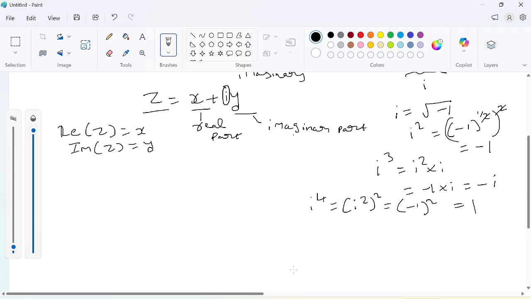If you have z equal to x plus iy, the real part of the complex number is x and the imaginary part is y.